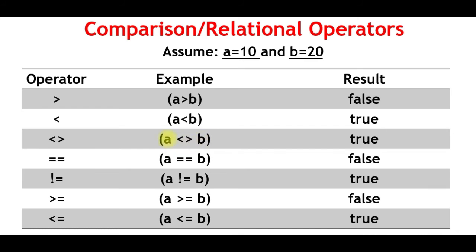Meaning, are 10 and 20 not the same? So, the answer is true. Next, is 10 equal to 20? Is 10 equal to 20? The answer is false. Next, is 10 not equal to 20? The answer is true, because they are not the same.